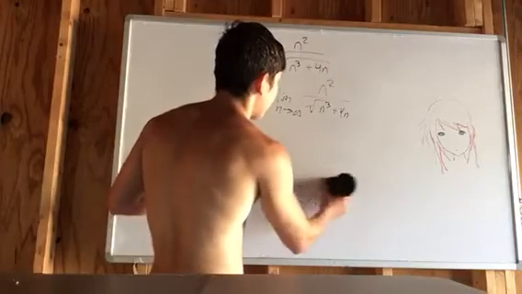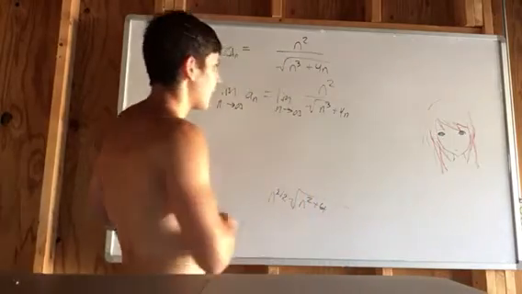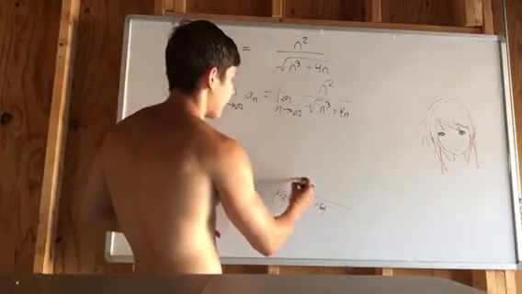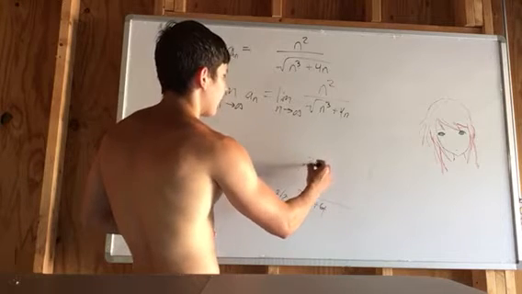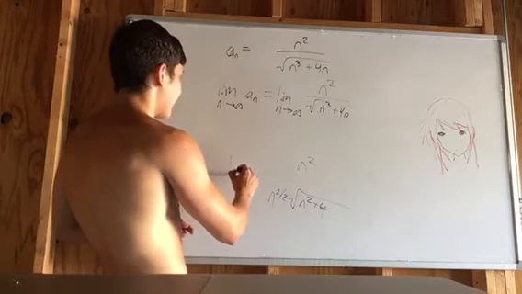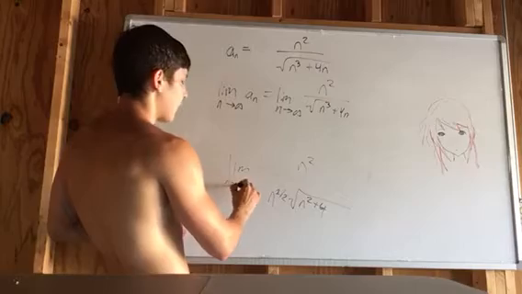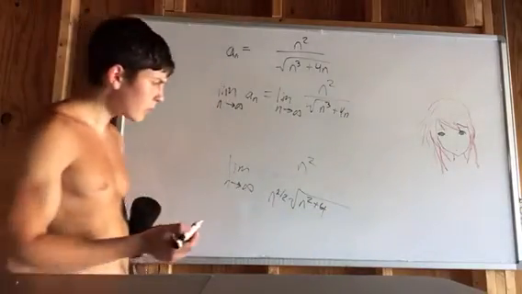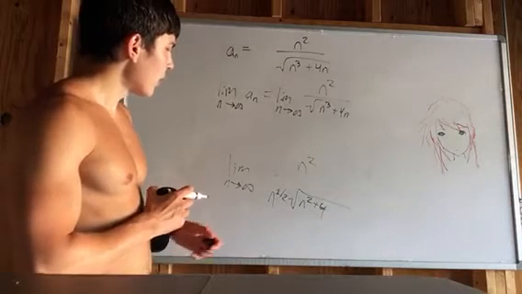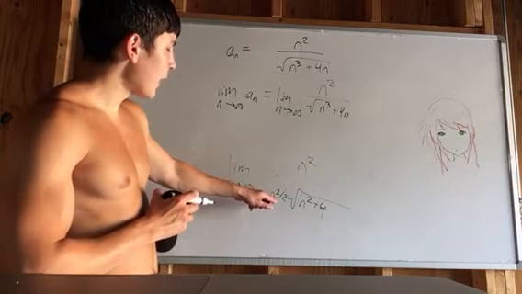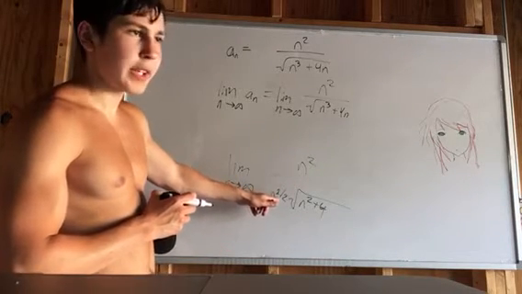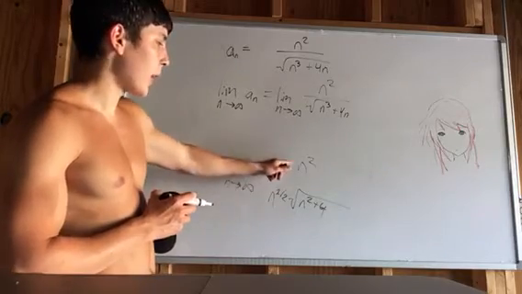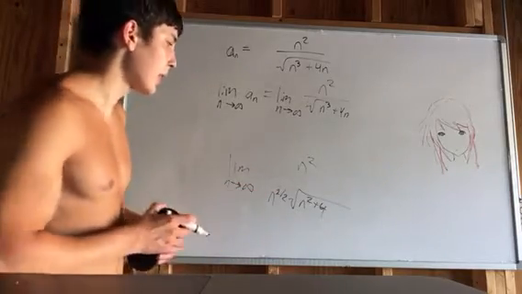Now, we have this in the denominator under n², and this is the limit as n approaches infinity. We could further simplify: when we have a power here in the denominator and a power here in the numerator, we could subtract.